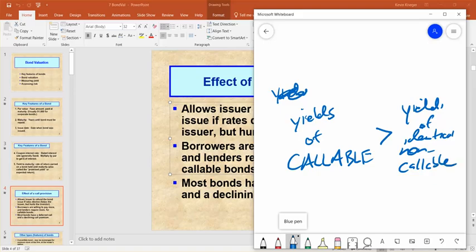Because the callability of a bond is an extra freedom, an extra thing that the issuer can do, so they have to pay for it. They have the right to retire this debt early and get out of the contract for just a little extra fee, but to do so, they have to pay higher coupons, a higher yield, at the time they're issued. So it's sort of a choice.